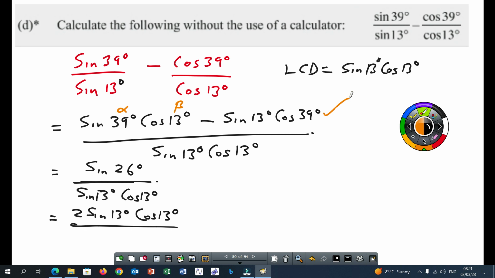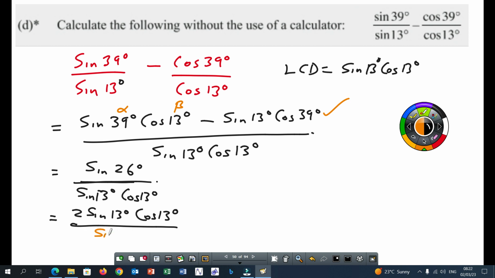For this question, our beta is 13, our alpha is 39. What is 39 minus 13? That's where the 26 came from. Are you following that? The 26 did not just come from nowhere. It came from here. That's why I haven't erased these 4. So let's move on.